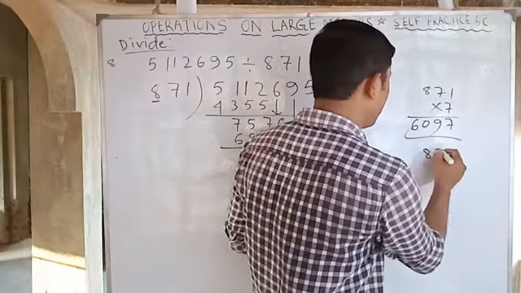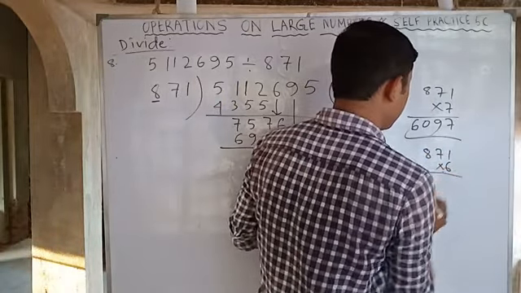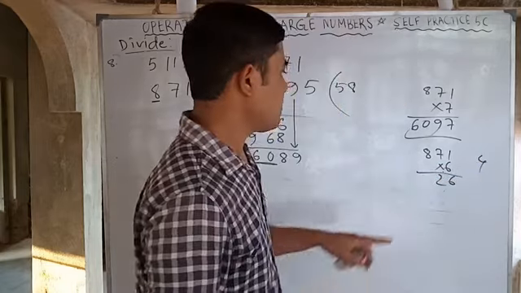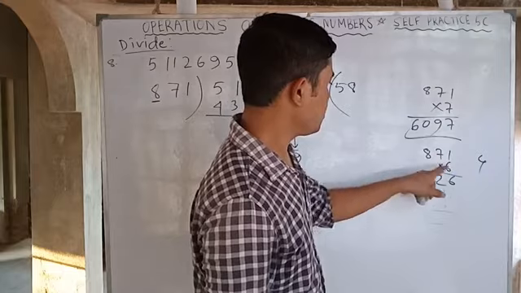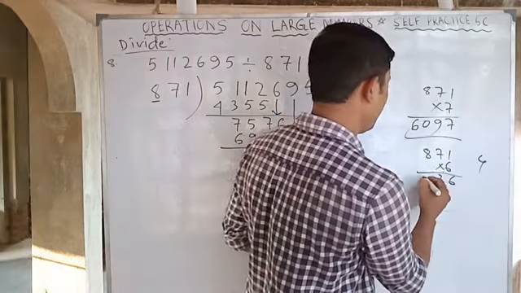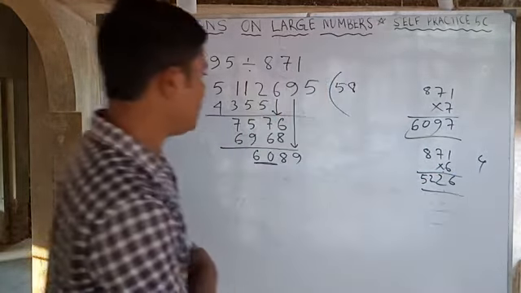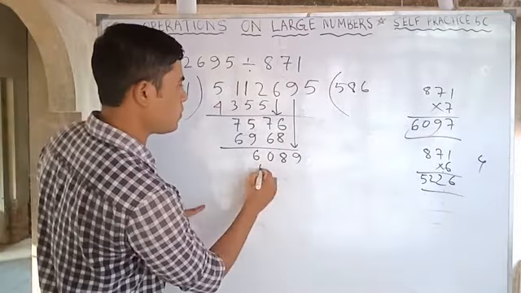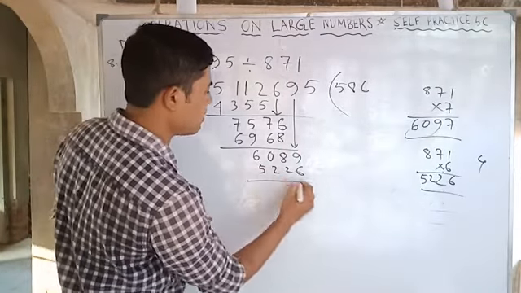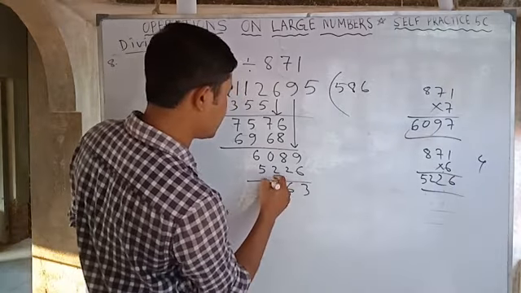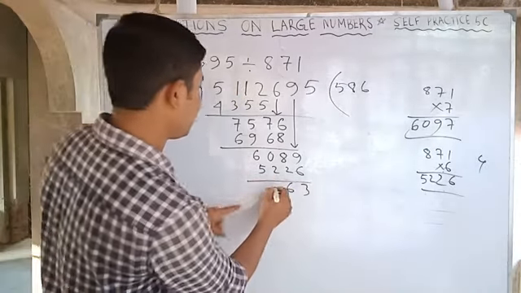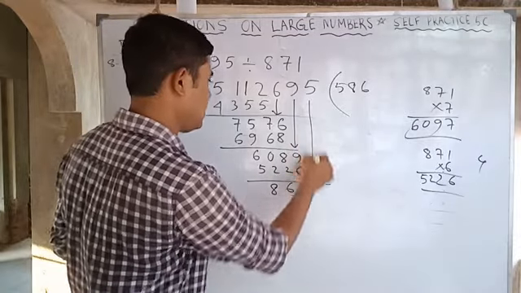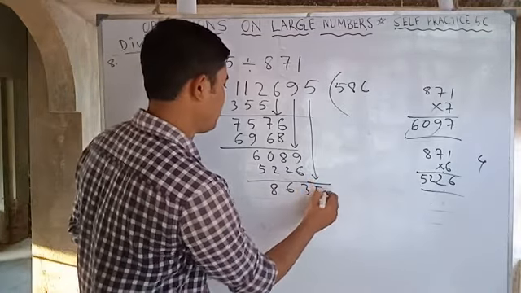So 871 into 6. So 6, 42, carry 4, 48, 48 and 4, 52. So by 6 it will be 5, 2, 6. Subtract 3, 6 and it will be 8. Now this 5.